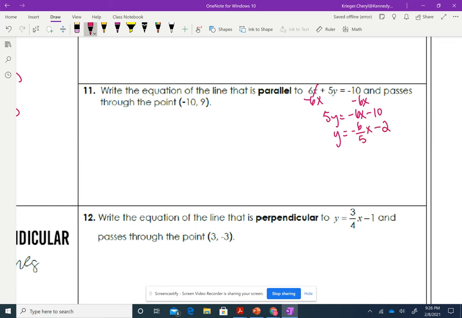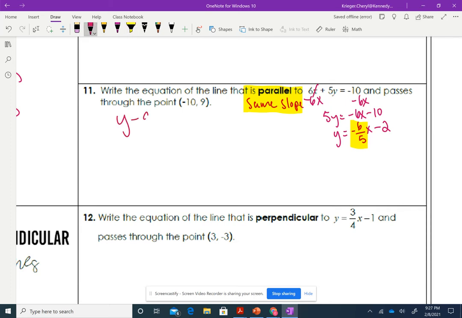If we divide by 5, everything gets divided by 5. So parallel to that line, parallel is same slope, right? So if it's the same slope, and my slope is -6/5, okay, that's my m that I use in point slope form.